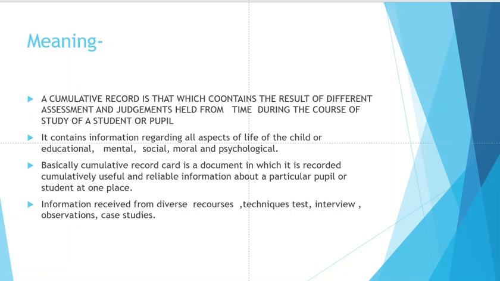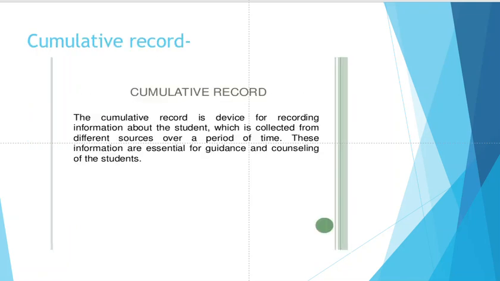The cumulative record is a device for recording information about the students, meaning all the information related to the student. It covers the academic aspects, co-curricular activity participation and other aspects, collected from different sources over a period of time. This information is essential for guidance and counseling of the student.